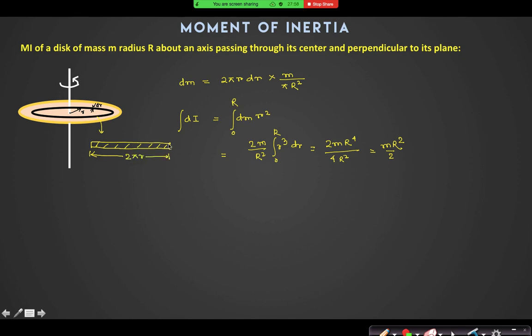And what is the thickness I have assumed? dr. So if you multiply it, the area is 2 pi r into dr. I have multiplied it with mass per unit area. Everyone understood this method? You have to remember this formula and keep it handy so that you can solve the questions. They are very common.